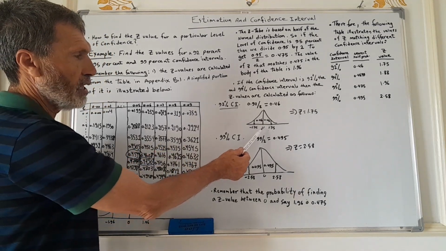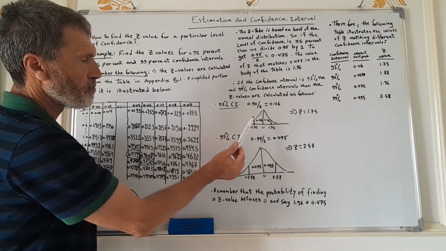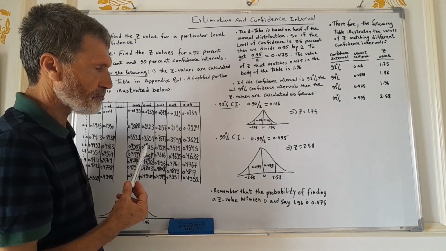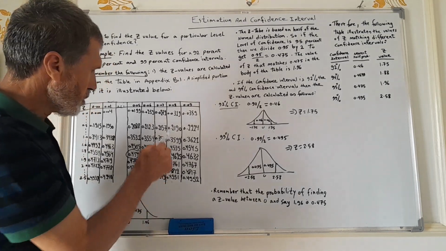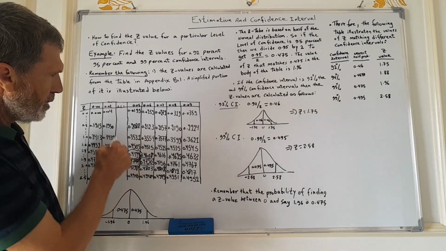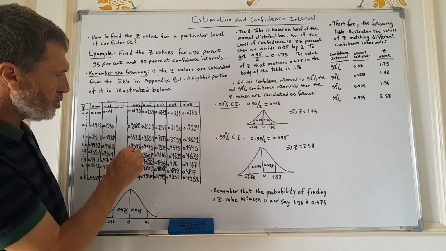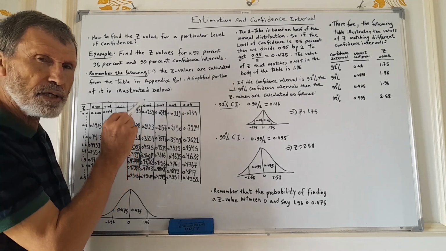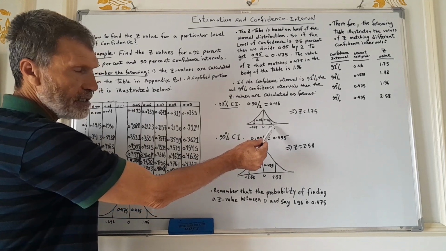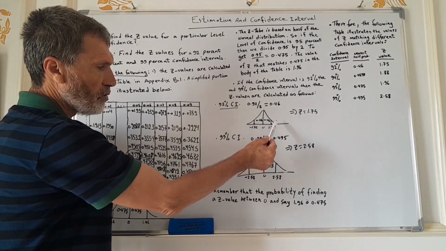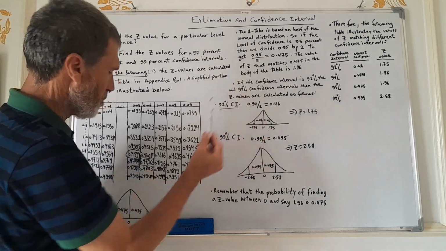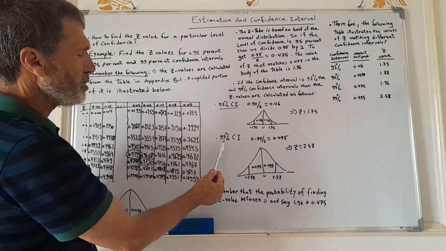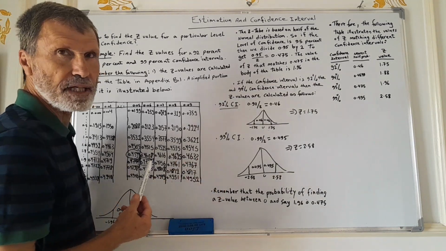This is how you find the z-value that corresponds to a 92% confidence interval, because the body of the table corresponds to the probabilities of finding a z-value between 0 and 1.75 here, or between 0 and 1.96.